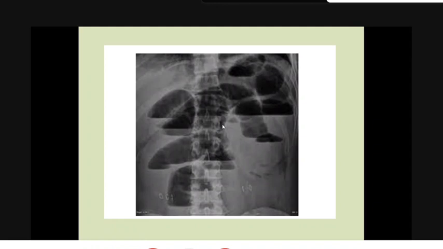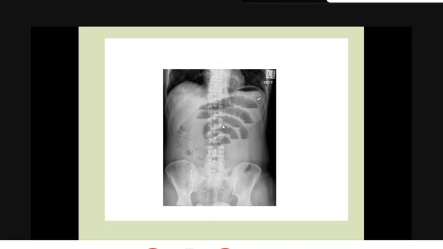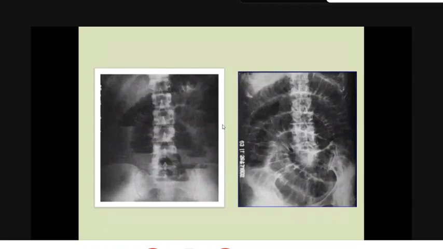On the supine plain abdominal film, we can see multiple dilated bowel loops. Here we have two films: this is erect position and this is supine position.